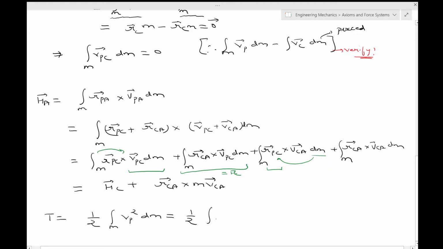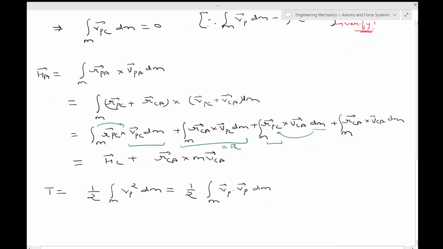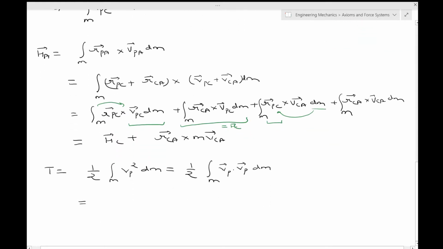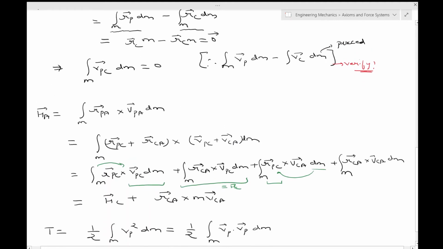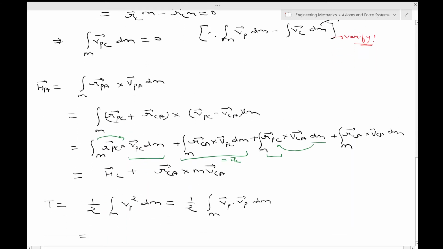Now this Vp square can be written as Vp dot Vp, okay, and into dm. Now velocity of p can be written in terms of velocity of pc and velocity of c, just like we had done over here.